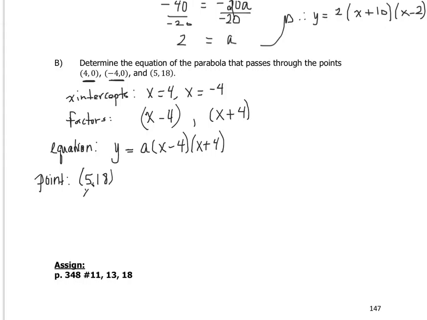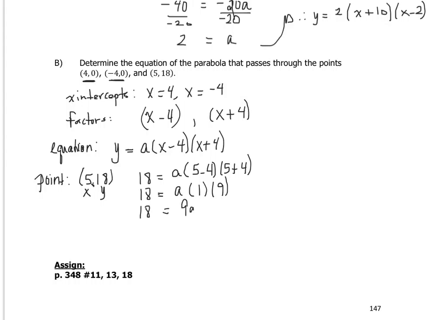And again, this is the x, this is the y. So when y is 18 in our equation and x is 5, we get 18 equals a times, 5 take away 4 is 1, 5 plus 4 is 9. So we end up with 18 equals 9a.